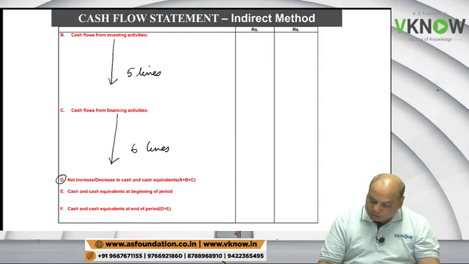Point number D, write down net increase or decrease in cash and cash equivalent.